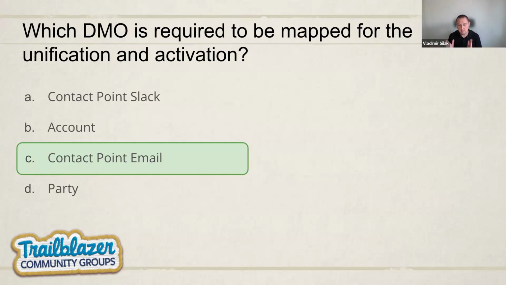But we've completely missed the fact that we need this one extra junction object that's supposed to become that translation between, well, you have this identifier that belongs to an entity, and that entity happens to be a person or a household, 2 or 3 people in a household, or a business entity. That's the reason why party is not the correct answer. So party identification, yes, but party itself is a field. And that really leaves us with only contact point email as the answer.